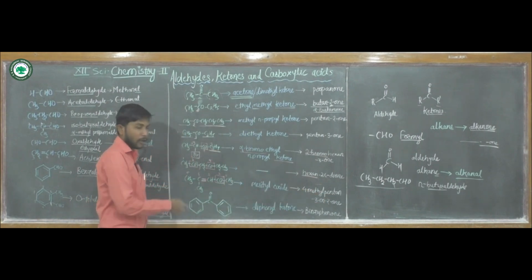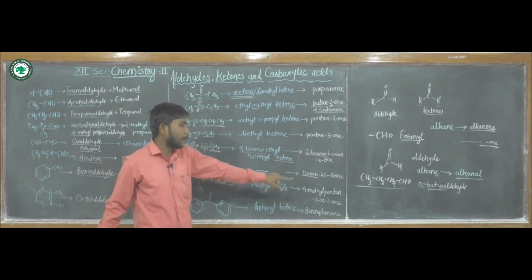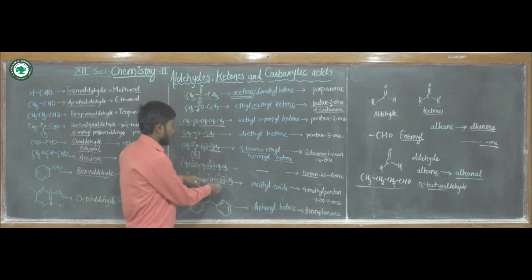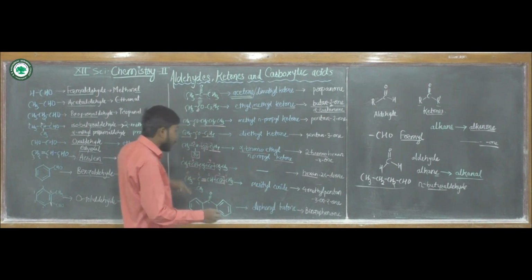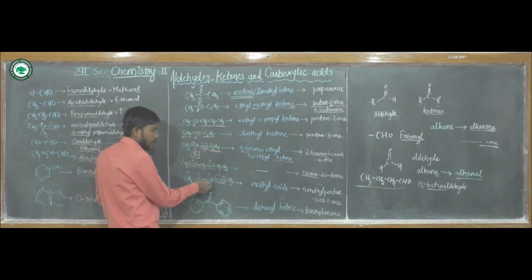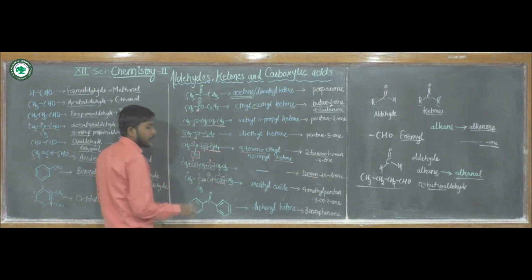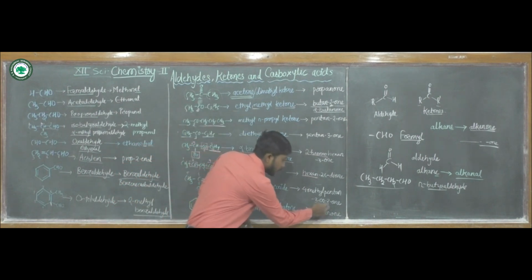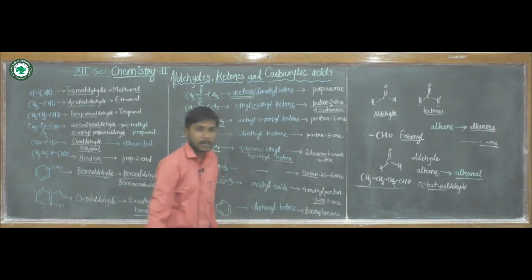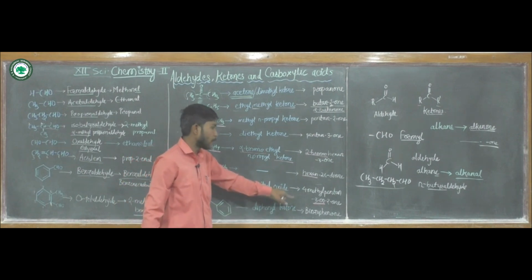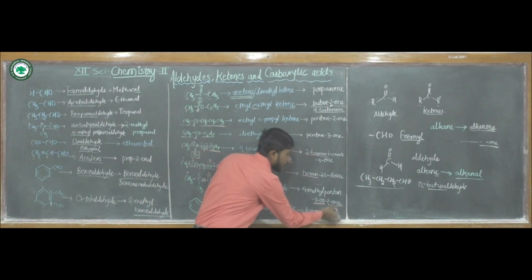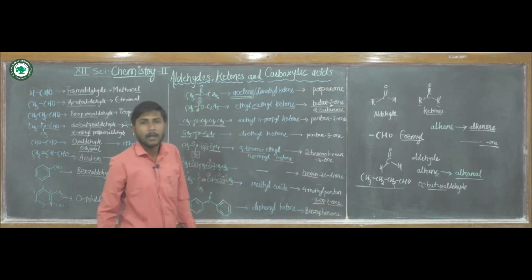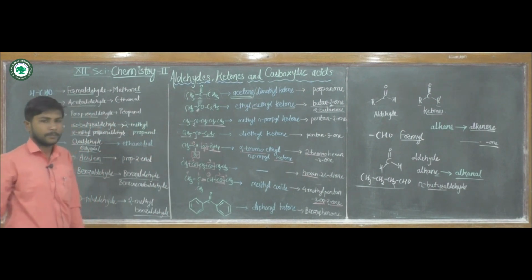The parent chain will be the 5 carbon pentane, and then 3-ene, the presence of unsaturation between carbon number 3 and 4, as we give the lowest number to the carbon. The 'en' shows the presence of an unsaturated double bond, and 2-one means the second carbon atom is a carbonyl carbon.